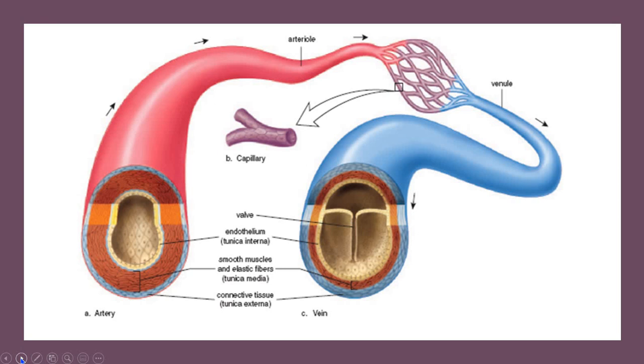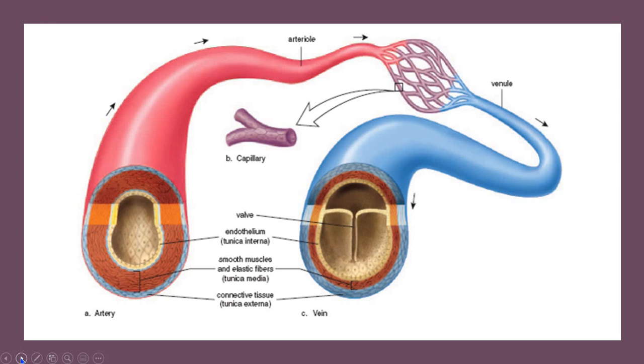The artery is away from the heart. The veins are towards the heart. Usually that means that the arteries are oxygenated, but remember there is a difference because you're talking about the pulmonary arteries going to the lungs in order to get oxygen.